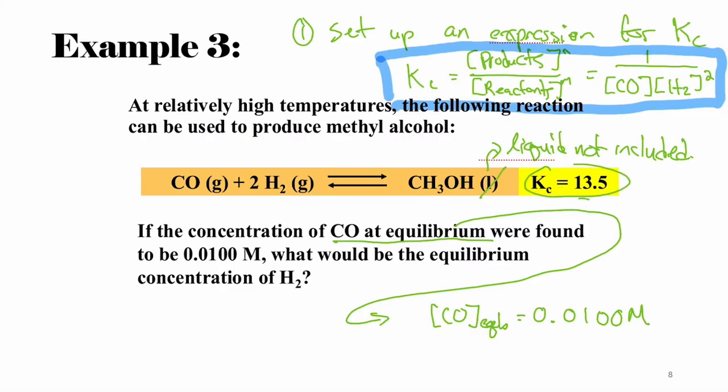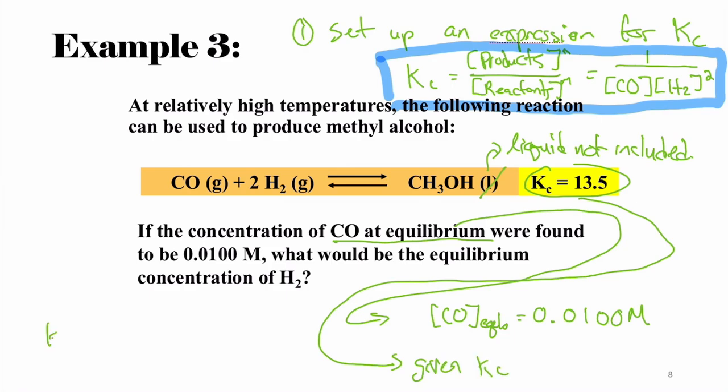So we're also given Kc, right? And we know our expression for Kc is equal to 1 over CO H2 squared. And we want to solve for what? Think of H2, and what do we want to solve for H2?